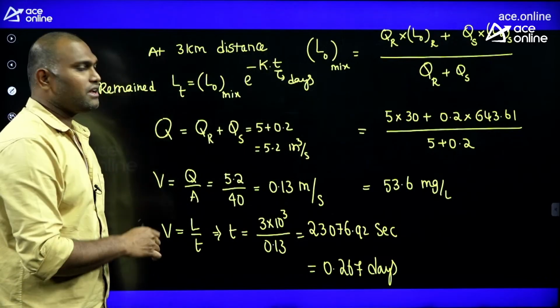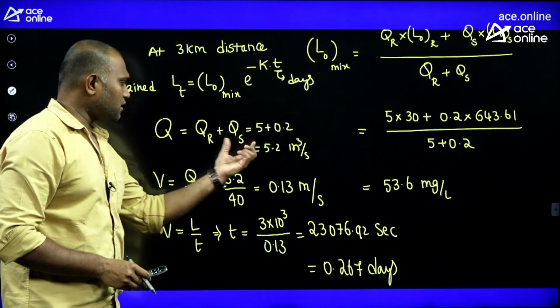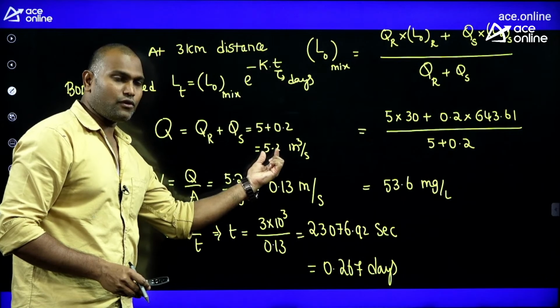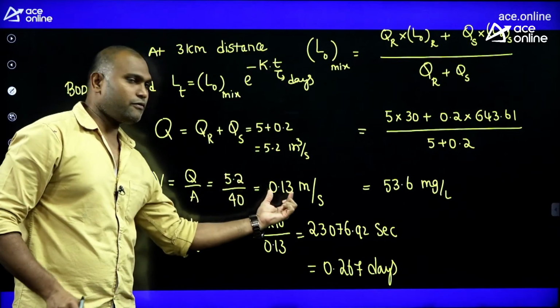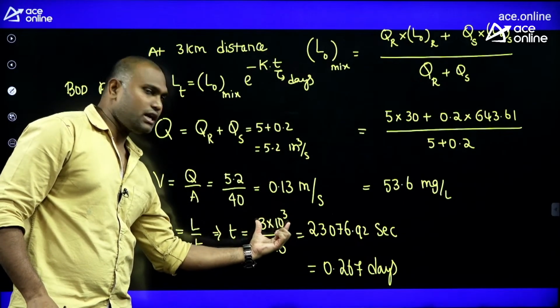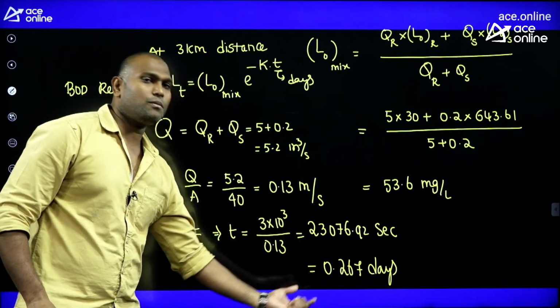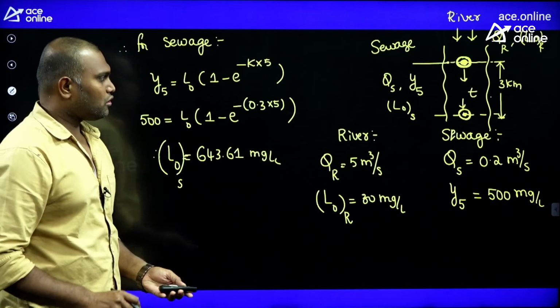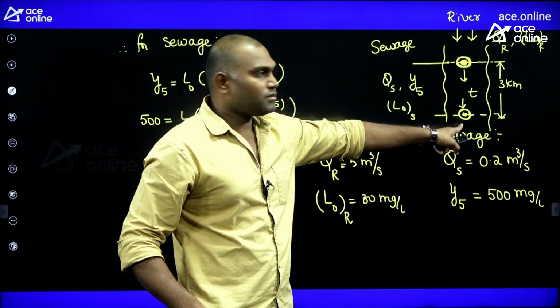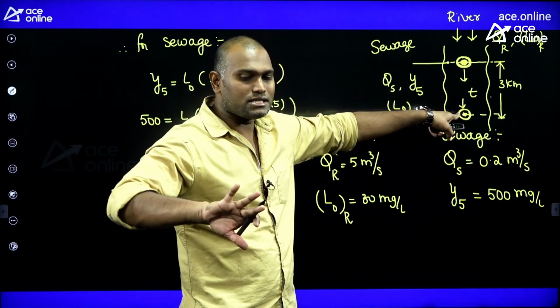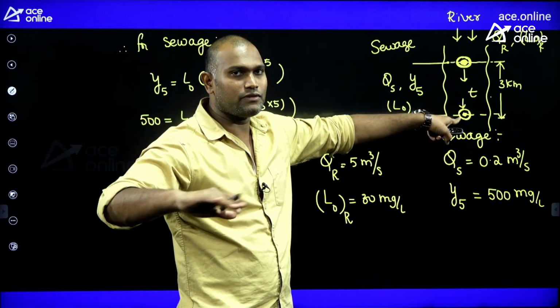Now, what is the meaning of this? After mixing, 5.2 meter cube per second of flow is flowing with a velocity of 0.13, and to travel 3 kilometers, the time required is 0.267 days. In this 0.267 days, some amount of BOD is exerted, some will remain.